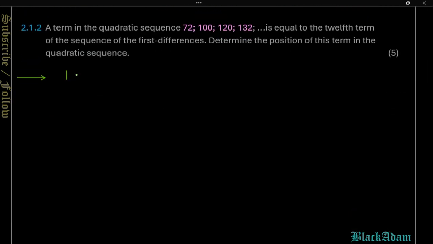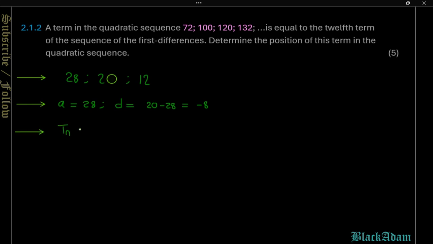We want to know what term that is. Our a, which is our first term, is going to be 28, and our common difference d is going to be 20 minus 28, which is the second difference, which is negative 8.